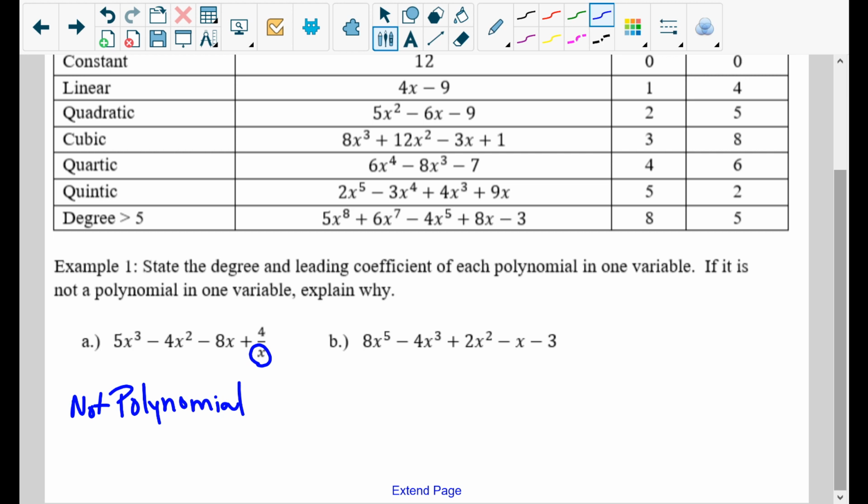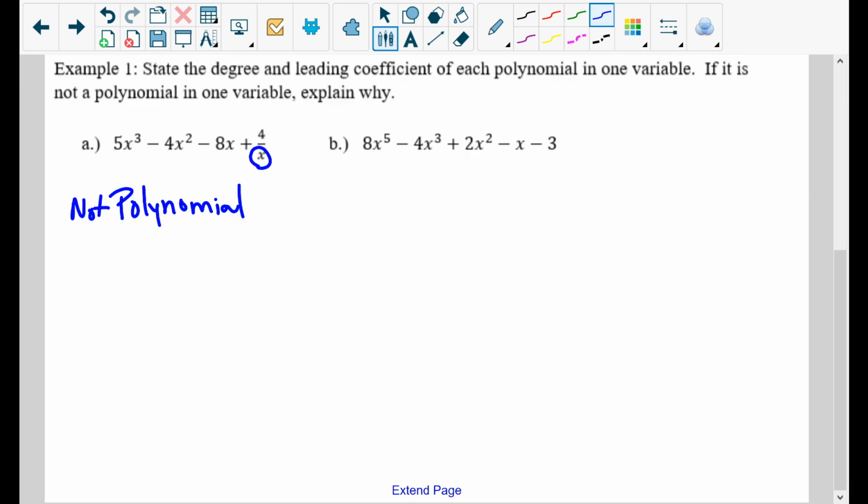If it was a polynomial, we could say the degree: the highest exponent here is the power of 3, so the degree is 3, and the leading coefficient is the number in front of that, which is the 5.